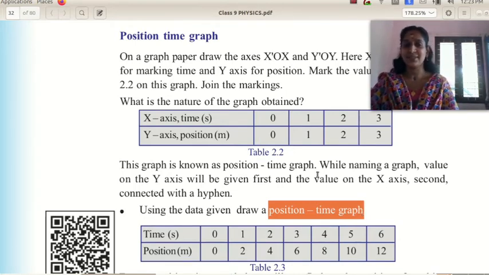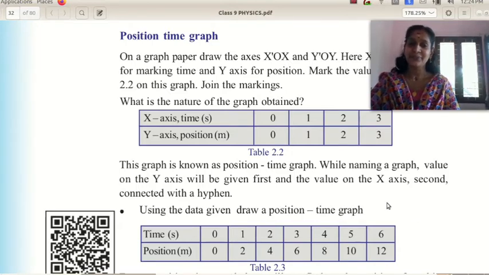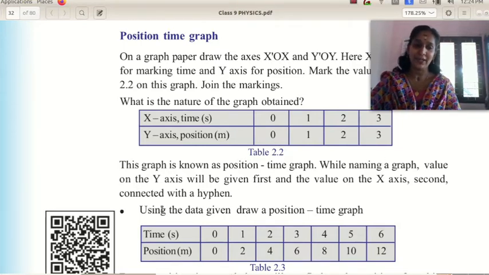At first, we should mention the values plotted on the y-axis. If you are taking position on the y-axis, we should say position first. After that, we should say time. Time is plotted on the x-axis. Okay. So, by using this data, we are going to draw a graph.